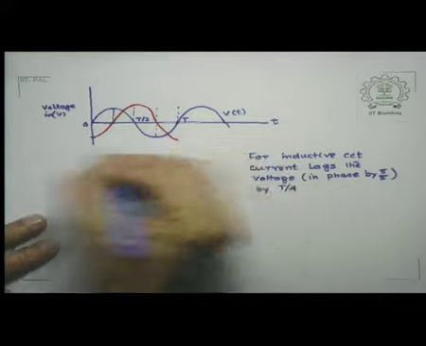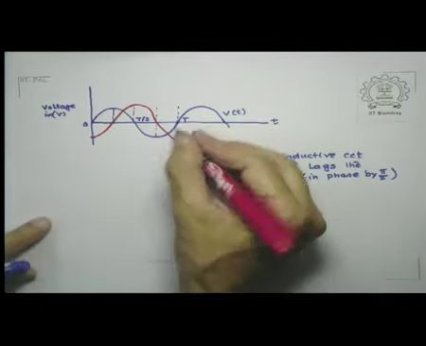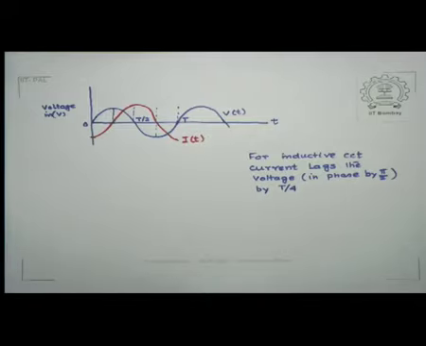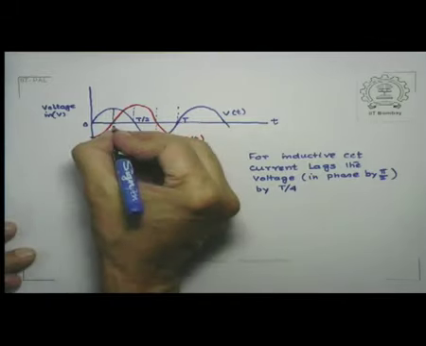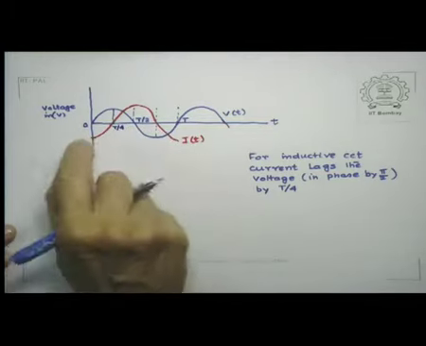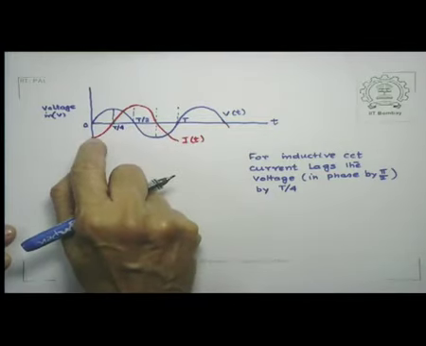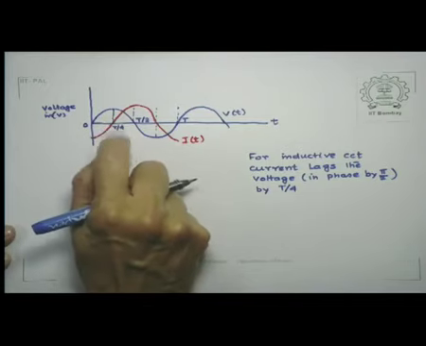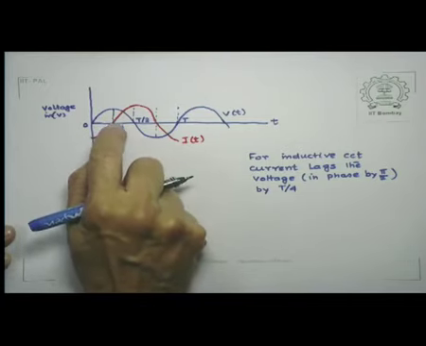What I've got here is this: the red curve is I of t, and you can see that it is lagging in phase by t by 4, so that it is maximum negative at time t equal to 0 when voltage is 0, and when the voltage has reached its maximum, the current is 0.